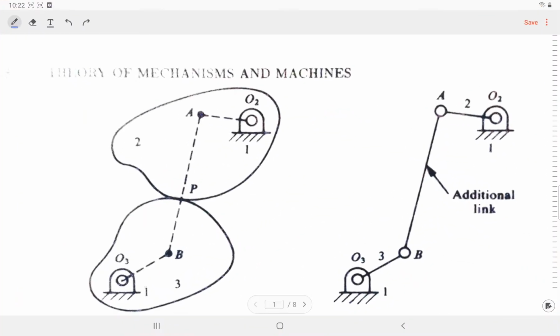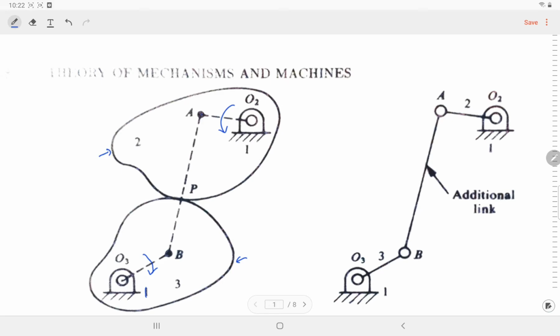So say this is the fixed link, link 1. Here this is link 3, this is link 2, and this has been fixed. Now say link 2 is getting rotated, and as a result link 3 is also getting rotated.